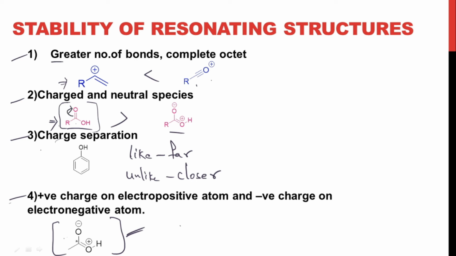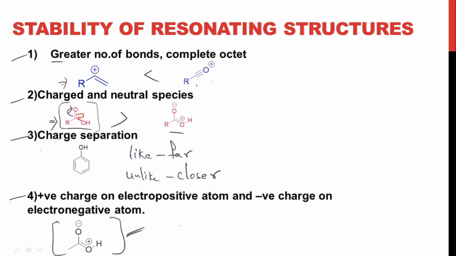Then only you gain the negative charge on oxygen, which is a stable resonating structure. Instead, if you moved these pi electrons towards the carbon atom, you would get a negative charge on carbon. That resonating structure would not be stable because the electropositive atom is gaining a negative charge and the electronegative atom is gaining a positive charge. That would be the most unstable resonating structure.